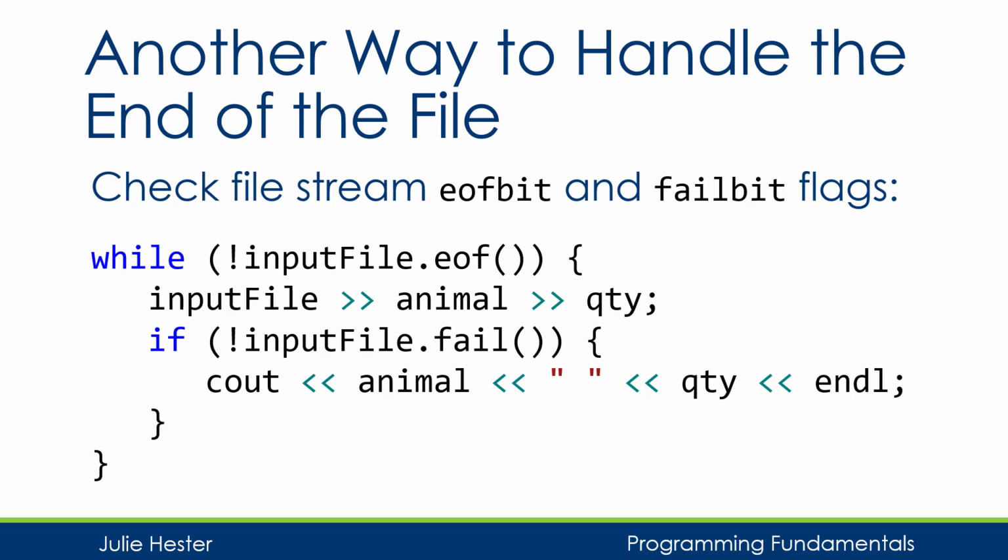And if I'm not at the end of the file, then I will execute the body of the if statement, and I can process the variables however I wish, display them, save them, or whatever I want to do. But if I was right at the end of the file, the inputFile.fail function will let me know that I did not successfully read this data.